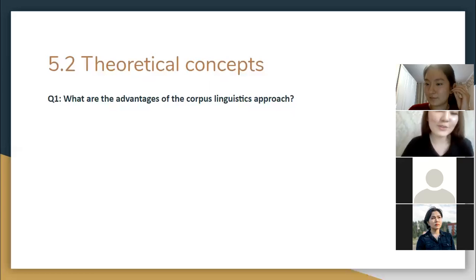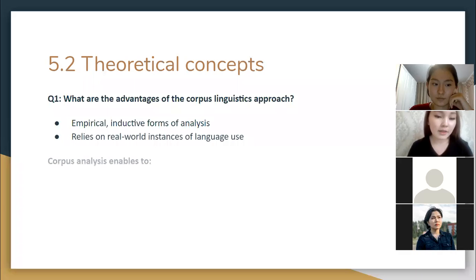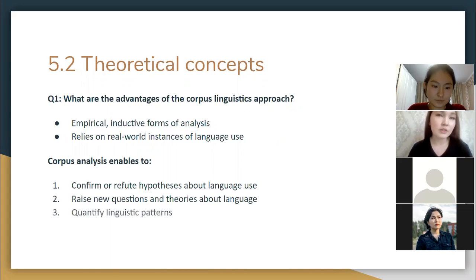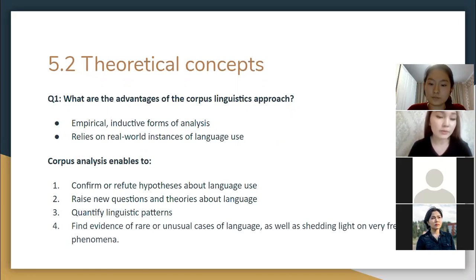Okay, so moving on to the topic of theoretical concepts, corpus linguistics is firmly rooted in empirical inductive forms of analysis, relying on real-world instances of language use in order to derive rules or explore trends about the way in which people actually produce language.